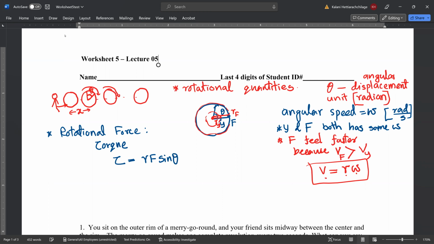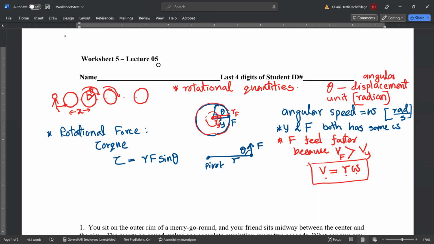It's very important. What that means is, if this is your rotational axis, or we'll say pivot point, and I apply the force in this place as F, and the distance is R, and this angle is theta, then we call it tau equal R and F and sine of theta.